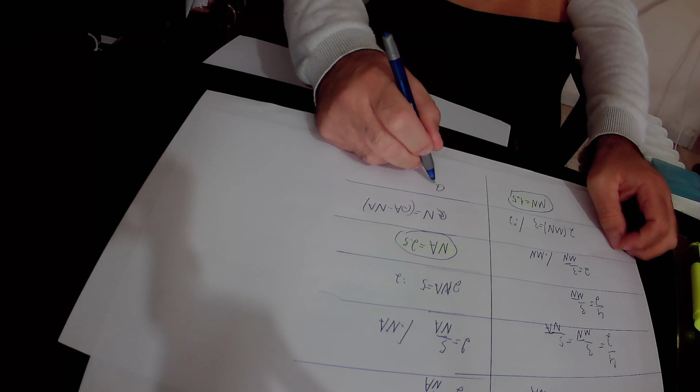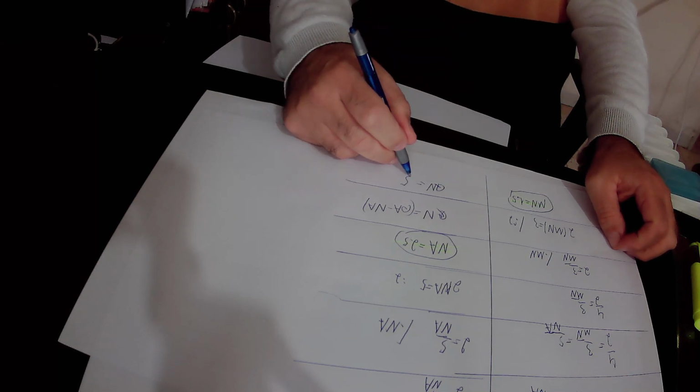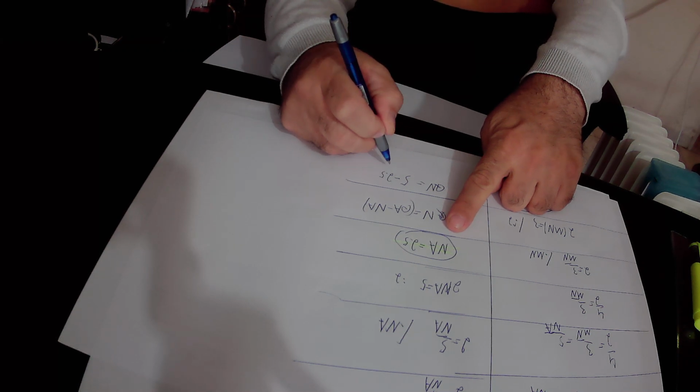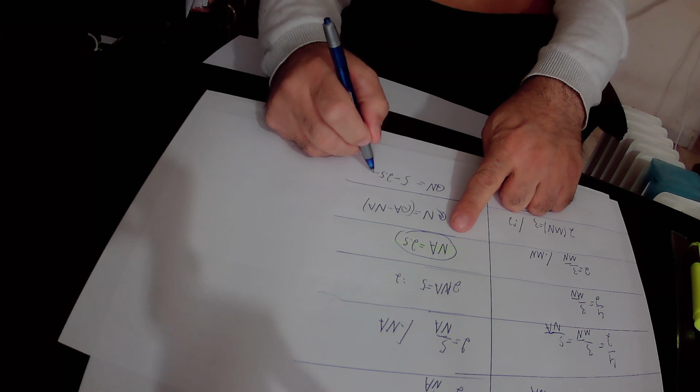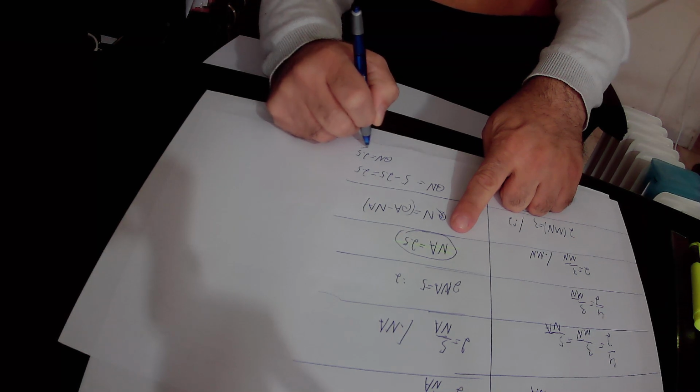So QN equals QA, which is 5, minus NA, which is 2.5. So QN equals 5 minus 2.5, that is 2.5. So QN equals 2.5 units in its length.